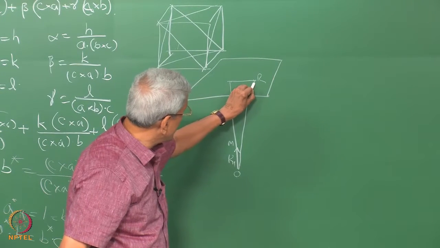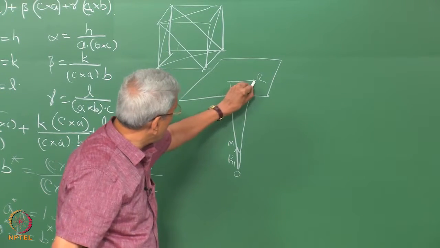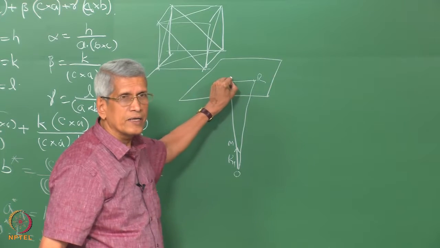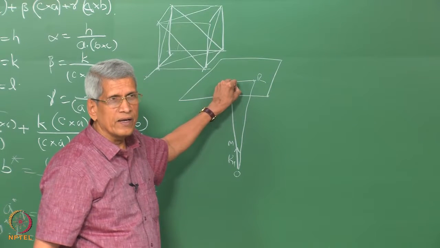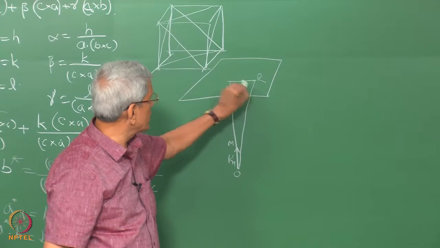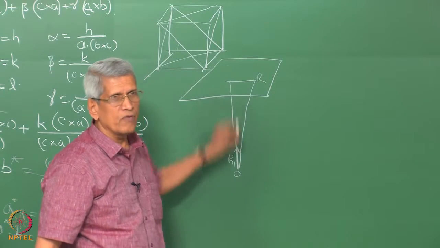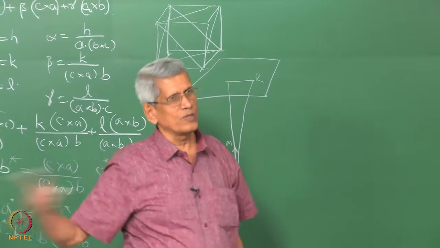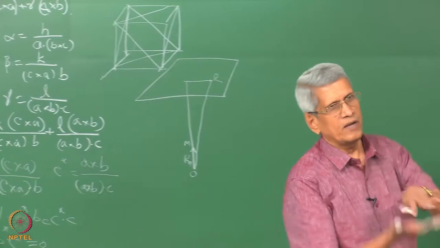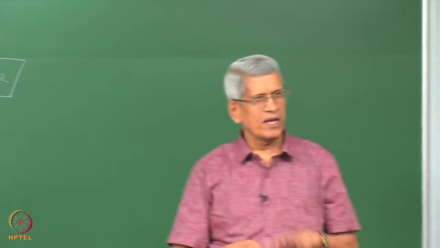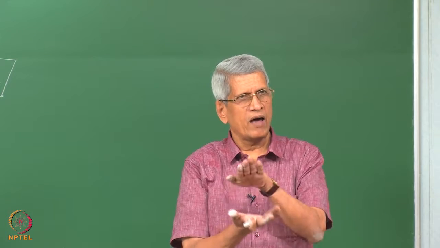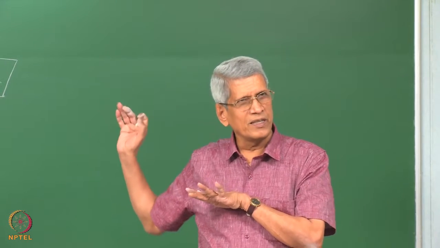If I take this R, k1 dot R cos theta will represent some value. That is essentially nothing but the projection of it onto this. If that turns out to be an integer, this satisfies that. So essentially on various planes we can have atoms, all of which satisfy this equation.